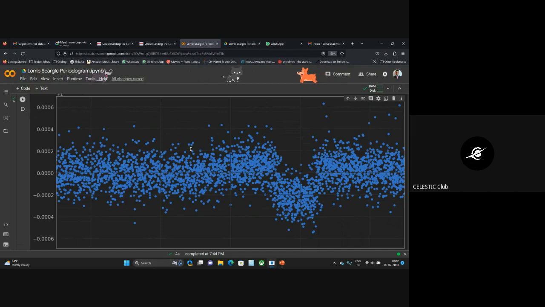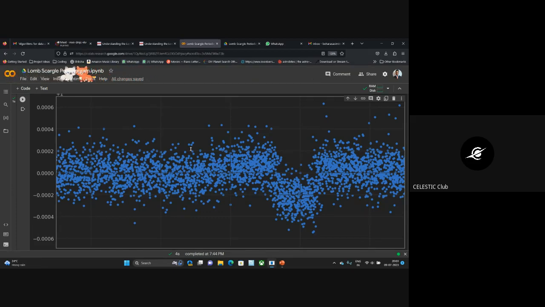Apart from this particular U shape, everywhere else it's kind of flat. It means that other than this particular pattern, everything else is regular. So let's say the frequency corresponding to that flat line is around 100 hertz.